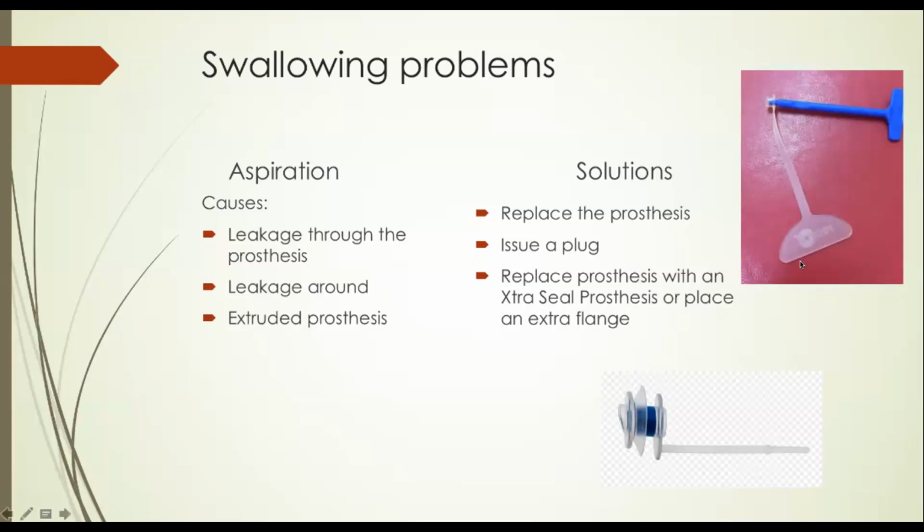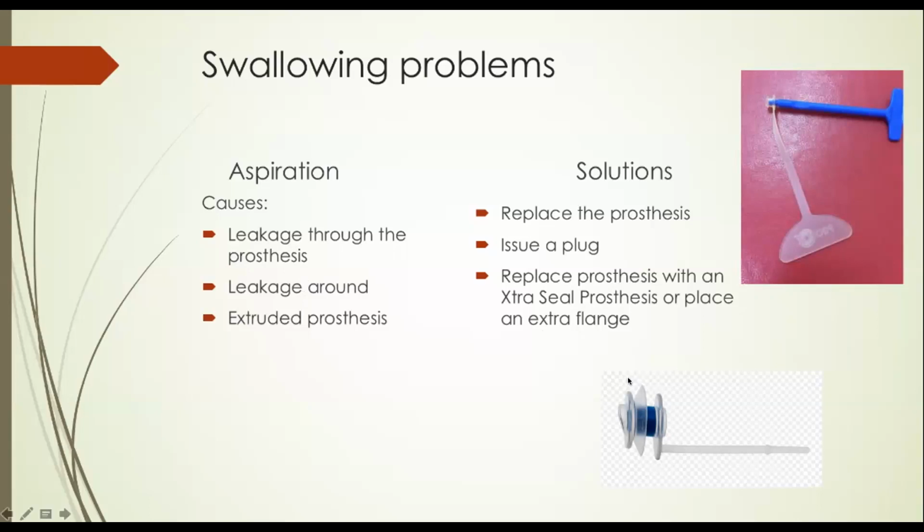So what we sometimes issue patients with is a plug, and the plug fits into the entrance of the prosthesis and occludes it. They place the plug for when they want to eat and drink, and they can eat and drink, and when they want to talk, they remove the plug and can talk comfortably. So that allows us to keep that prosthesis in for a little bit longer until we get stock. So it is a temporary solution. The ideal is obviously to replace the prosthesis with one that fits better.